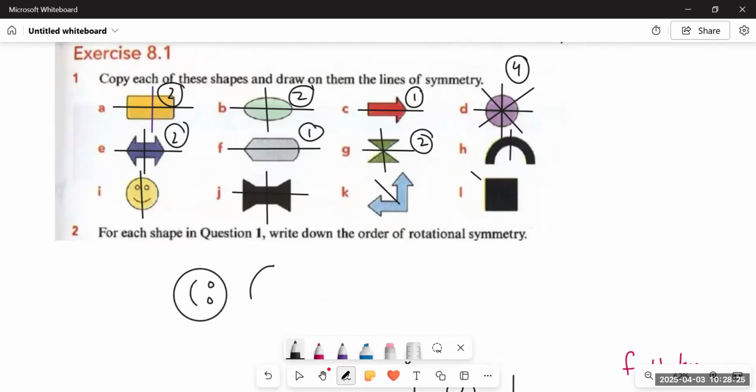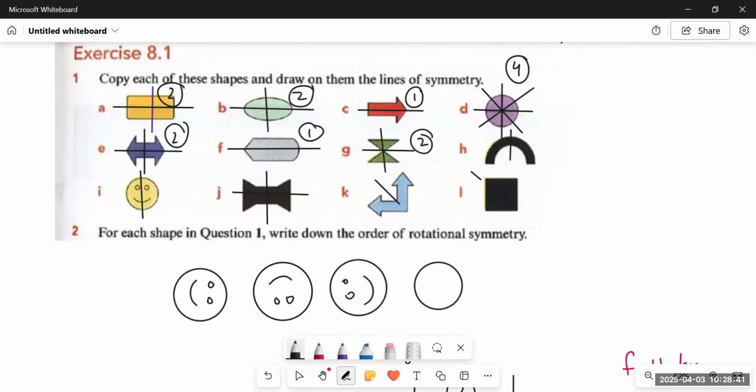Then when I rotate it 180 degrees, it's going to look like this, not the same. Then when I rotate it once more, it's going to look like this, again not the same. And at the end, when I rotate it once more, it's going to look the same. So it has only order 1 rotational symmetry.